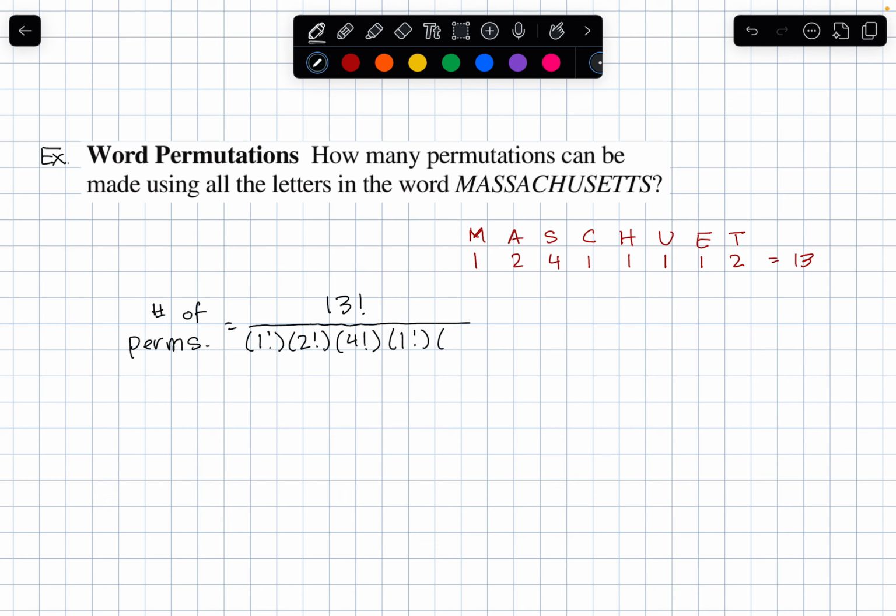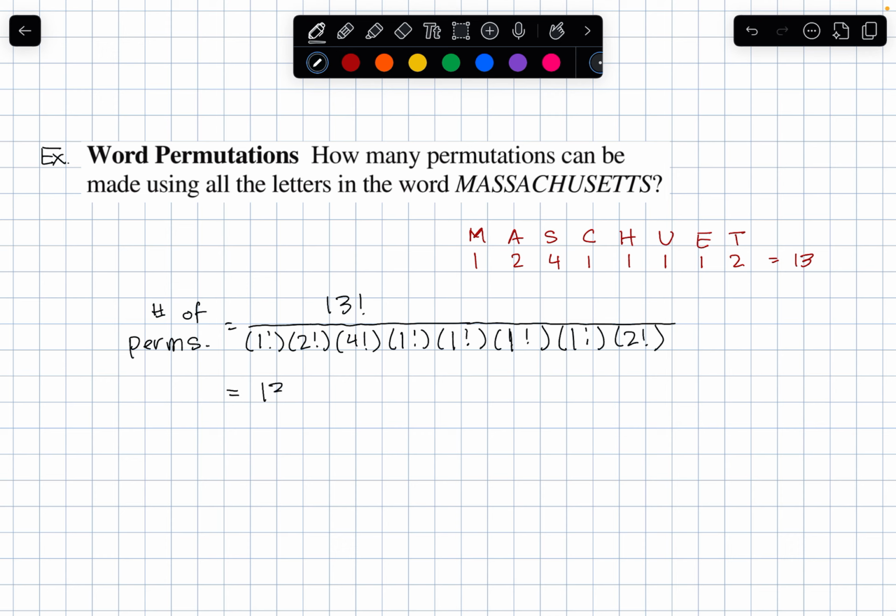And then there's 3 more ones. 1 factorial, 1 factorial, 1 factorial, and then I've got a 2 factorial. I'm going to simplify this because I know 1 factorial is just 1, and anything times 1 is itself. So those 1s aren't really going to play a role.